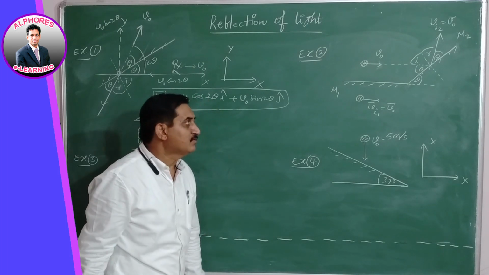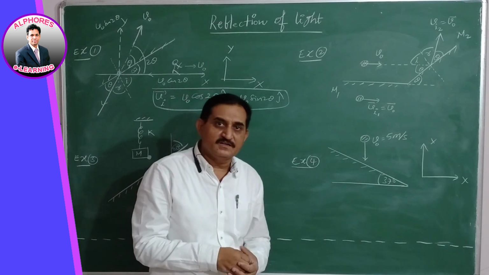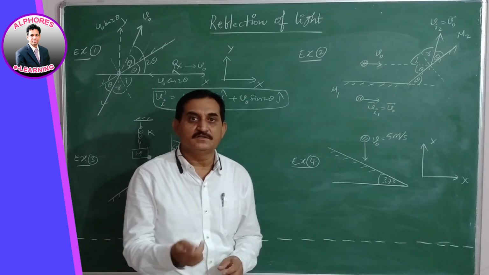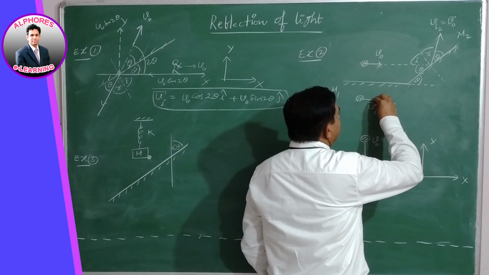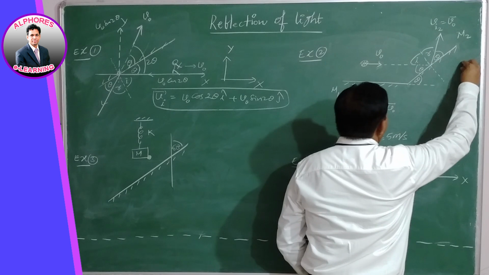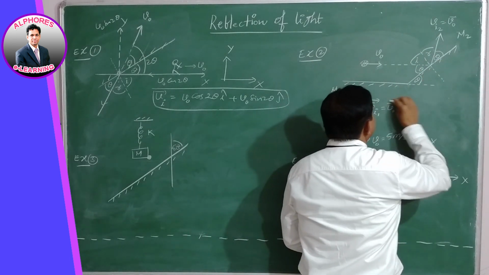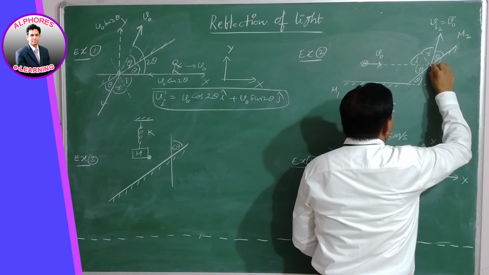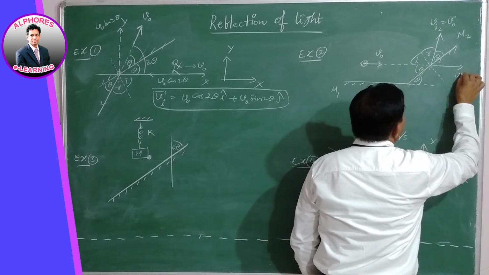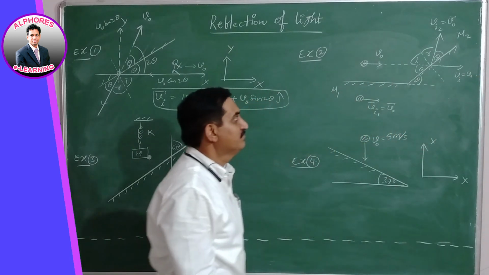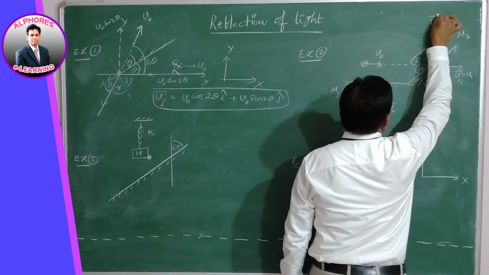Now we have to compare with respect to each other. The question is the speed of the image in one mirror with respect to the speed of the image in the other mirror. Therefore, logically, if I shift this image velocity parallel to itself and join it over here, then this is Vi equal to V0, Vi1, and this is Vi2.